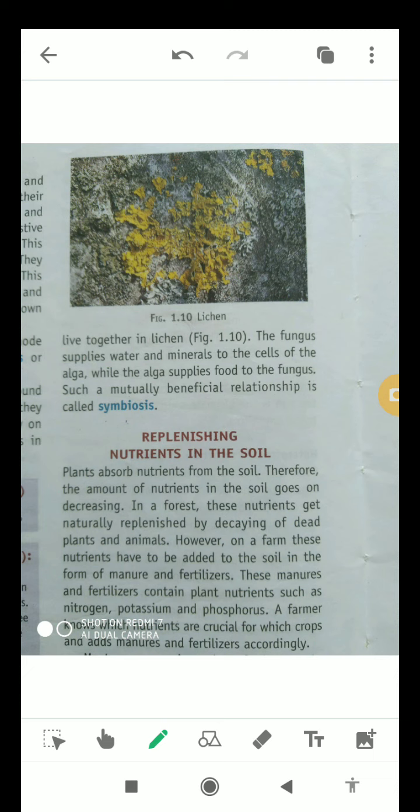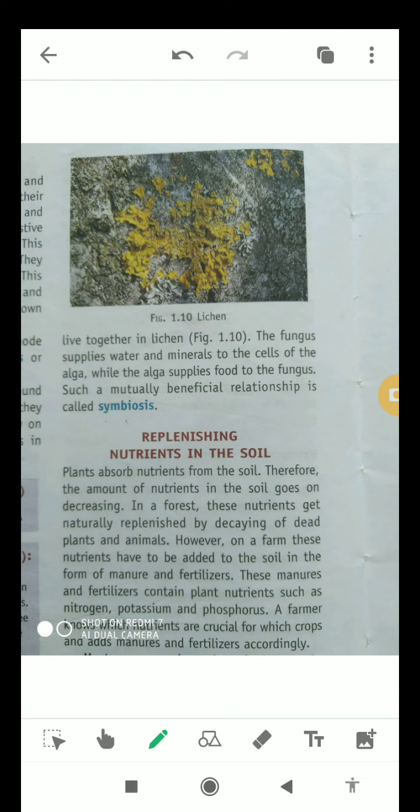So both fungus and algae are benefiting each other, because as I told you, the fungus supplies water and minerals to the cells of the algae, whereas the algae supplies the food to the fungus. In this case, both are benefiting each other.